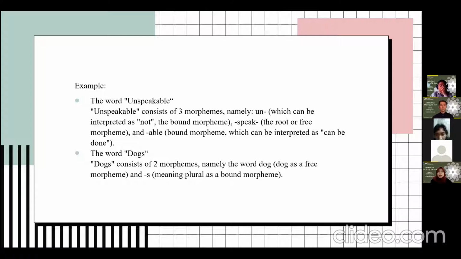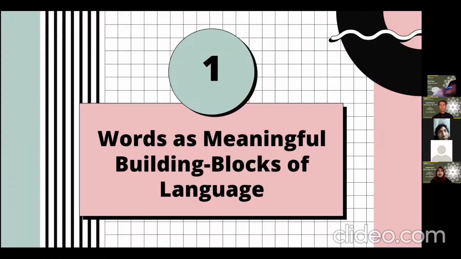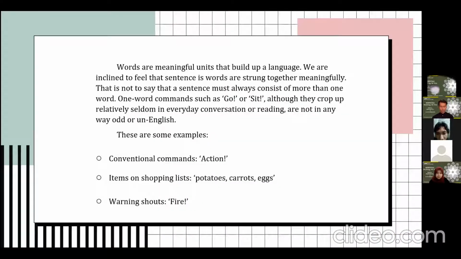After we know the introduction of morphology, now let's move to the main topic of our discussion. It has 5 subtopics. The first one is words as meaningful building blocks of language. So what does it mean? Words are meaningful units that can build up a language.